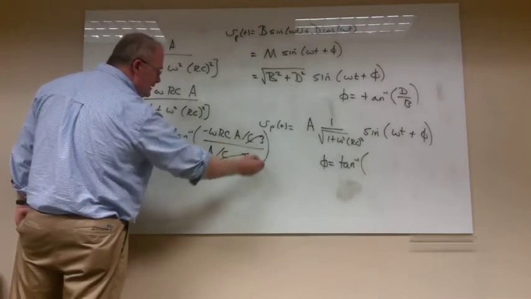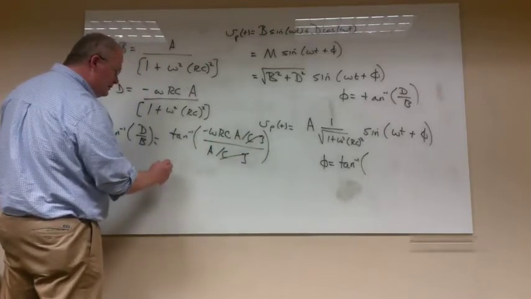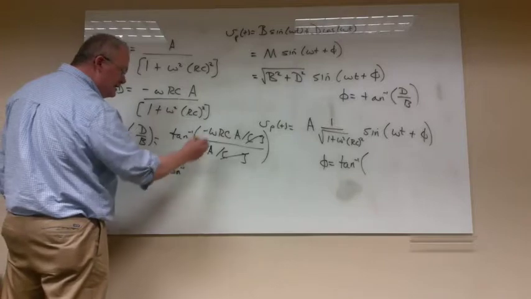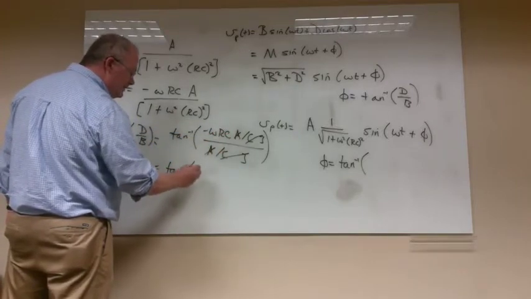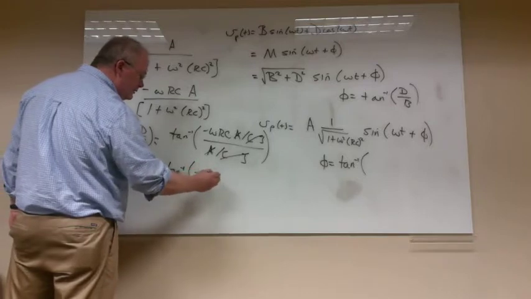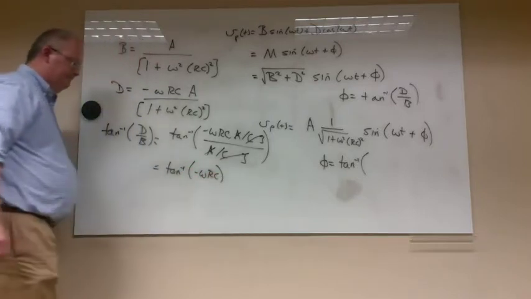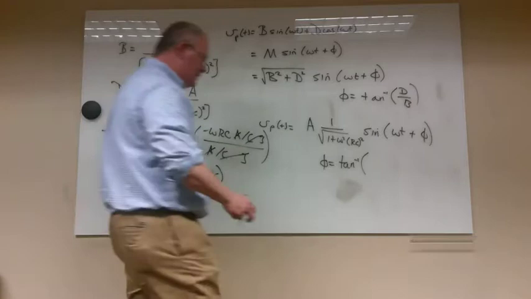The brackets cancel out, and so it's actually equal to the inverse tangent. Oh yeah, the a's also cancel out. It's equal to the inverse tangent of negative omega rc, like that. So I'll put that over here.